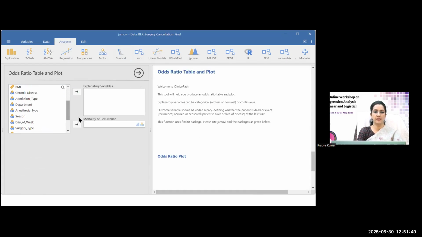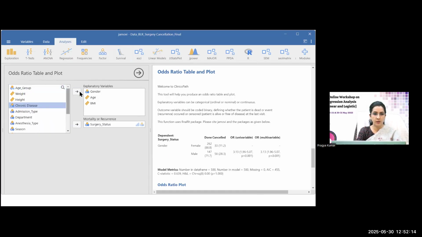Here, there's only a single window for all the explanatory variables. So I'll put the surgery status here, cancelled, and I'll put all the other variables. There are only 5 variables which I took. Initially I will put all: gender, age, BMI, chronic disease, because unadjusted I have to report for all.